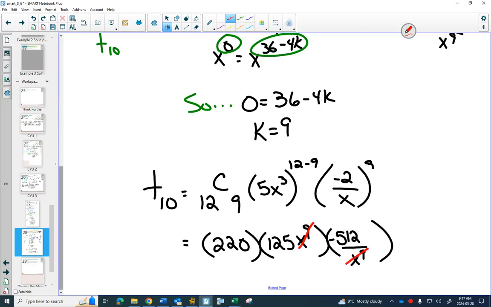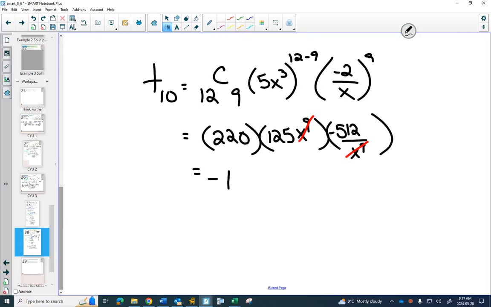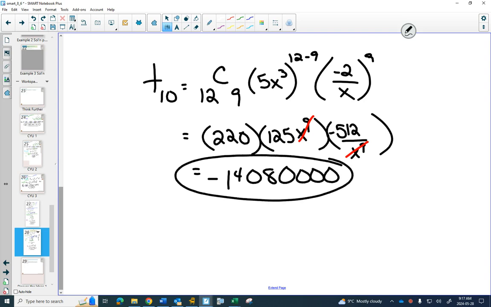And what we wanted was for those x to the 9s to cancel out. And if we multiply this all out, and you will find in this unit, you do get some very big numbers. That term has no x's. It is the constant term, and everything has canceled out.